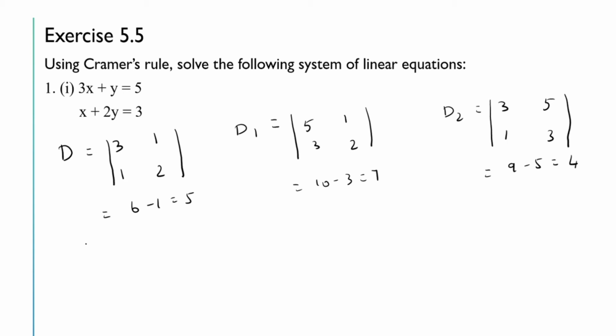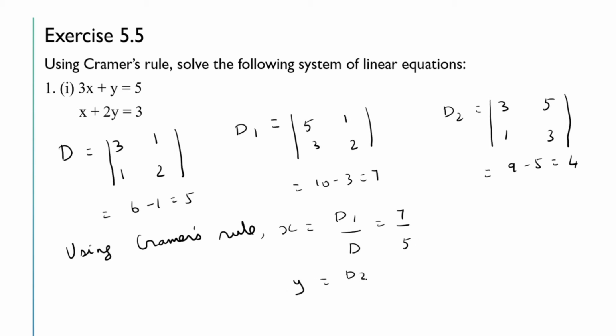So we know that using Cramer's rule, we have x is equal to d1 by d. So this is equal to 7 by 5 and y is equal to d2 by d, or this is equal to 4 by 5. So we have found the value of x and y very easily using Cramer's rule.